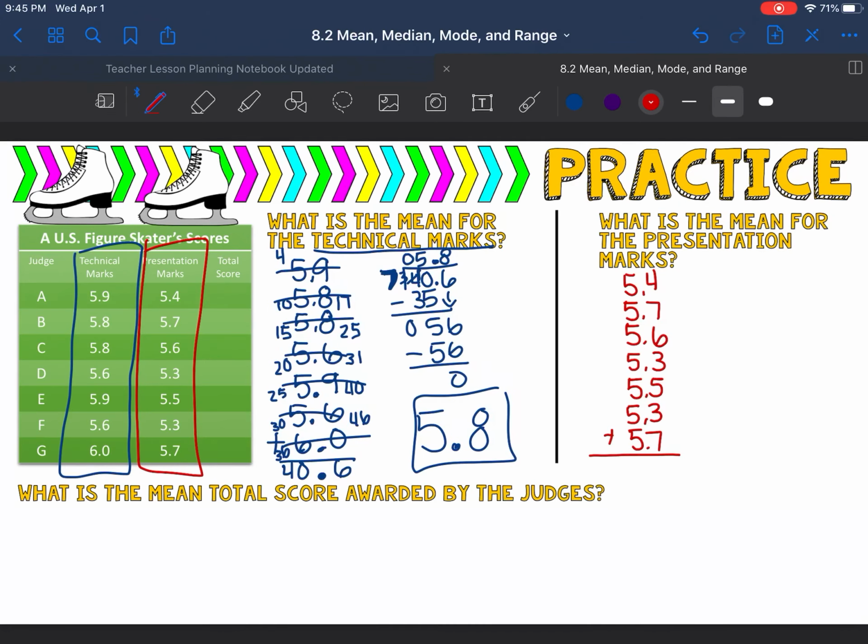And since hopefully you have already added it up, I'm not going to do the math. I'm just going to tell you that all of those numbers added together are 38.5. So now I'm going to divide 38.5 by 7. Once again, I hope you did this and you saw that my final answer is going to be 5.5.